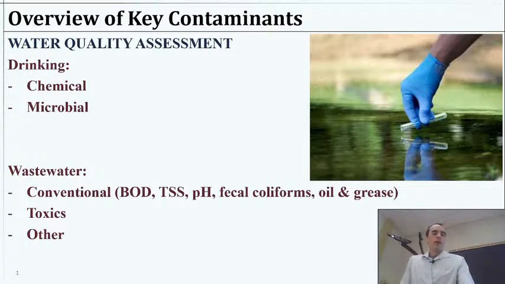So we have a couple things: microbial and chemical quality for our water, for the drinking side of things. If we're checking whether a source is reasonable to drink, we want to know how's the chemistry? Do we have arsenic in here? Do we have this, that, or the other? And then we also want the microbial.